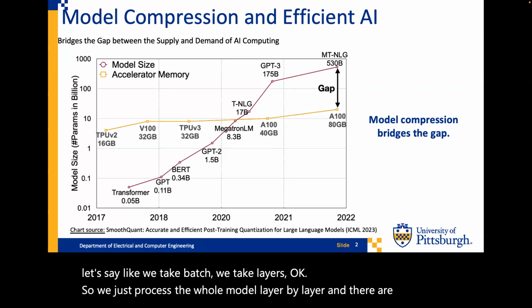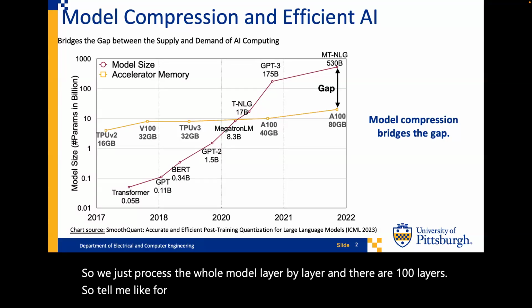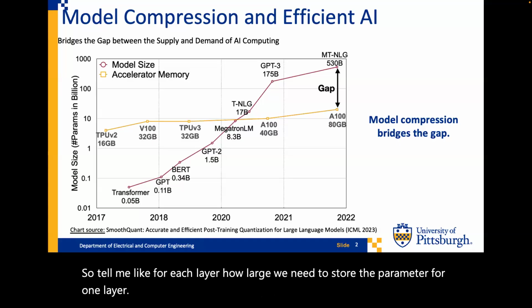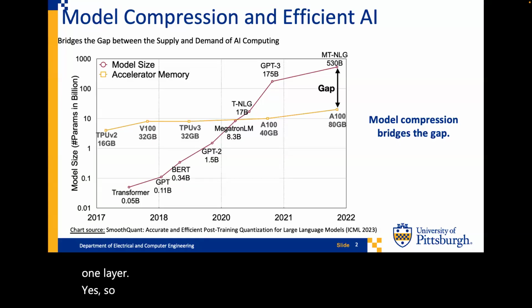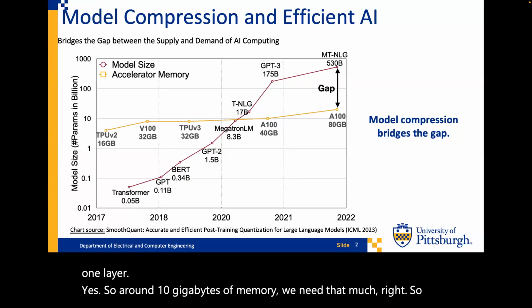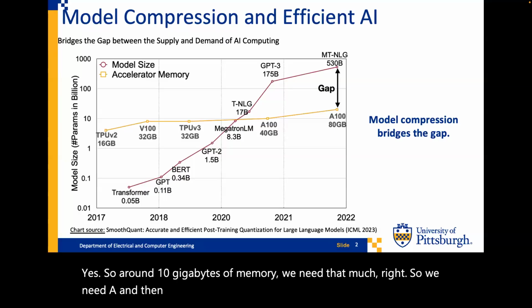So tell me, for each layer, how large is the parameter storage for one layer? So around 10 gigabytes of memory, right? We have 80 gigabytes, and we only need 10 gigabytes for each layer.